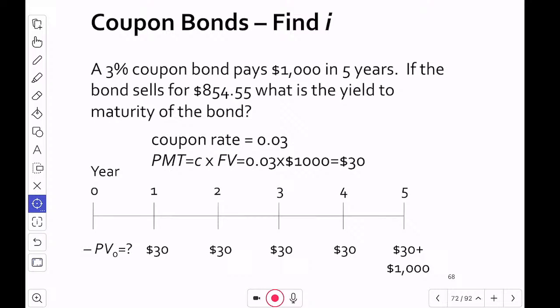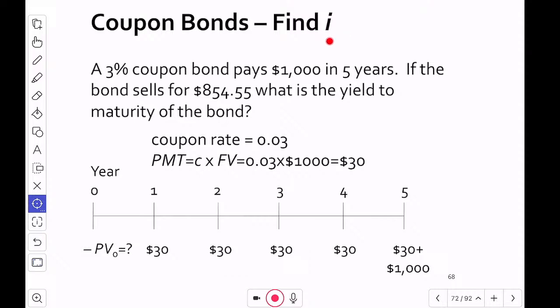What is the yield? You see that when bonds are listed, the details are listed, and this is the current selling price. This is available. What would be the yield?